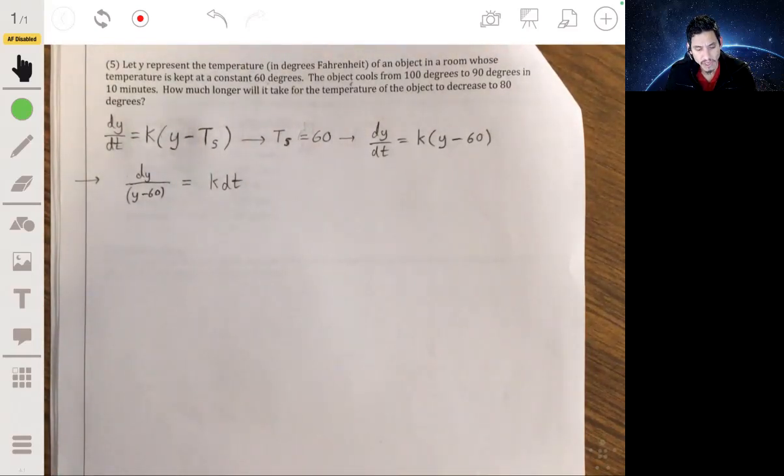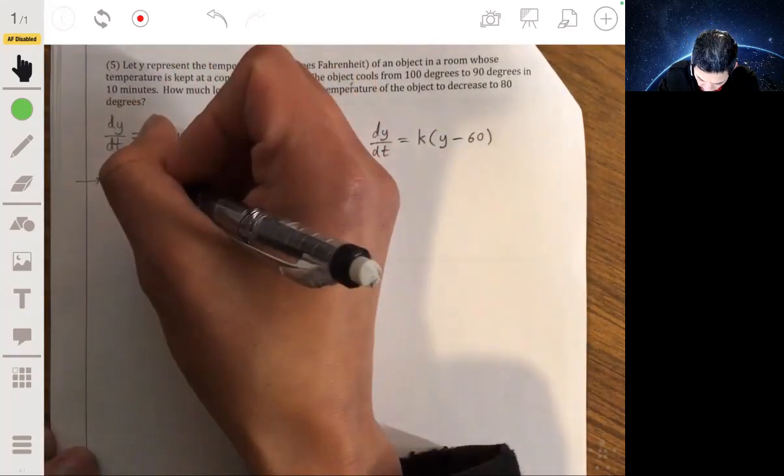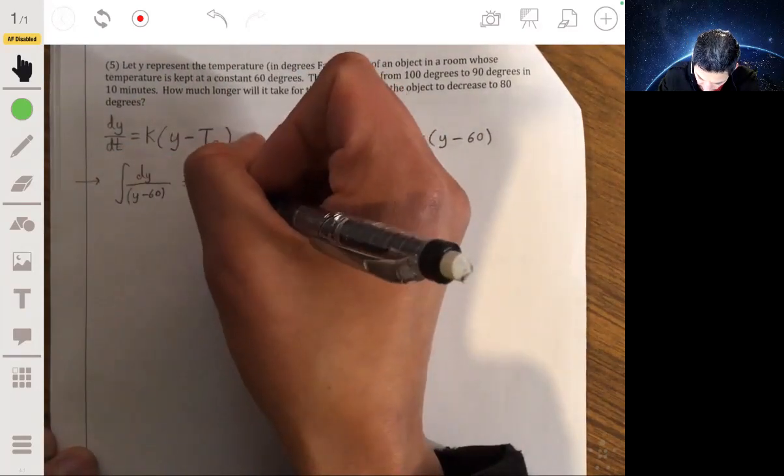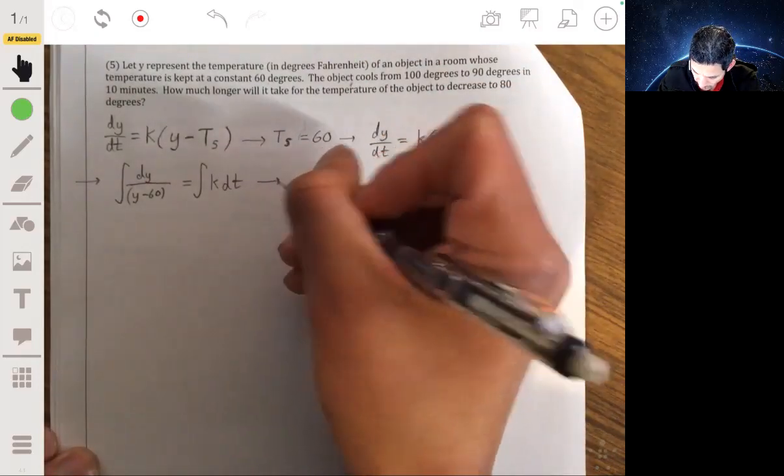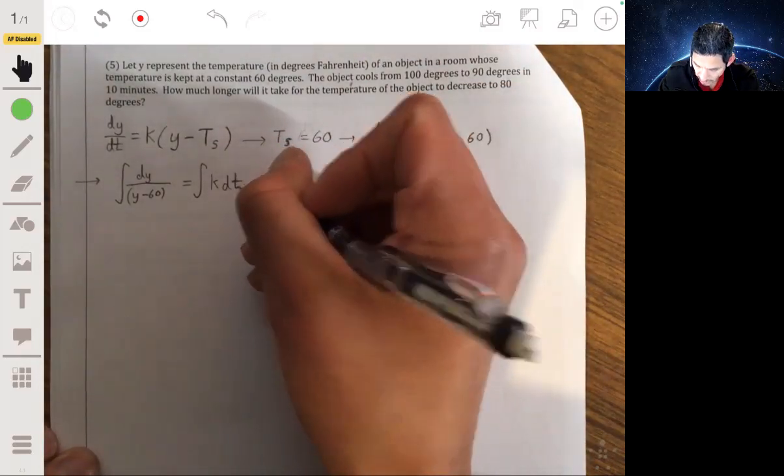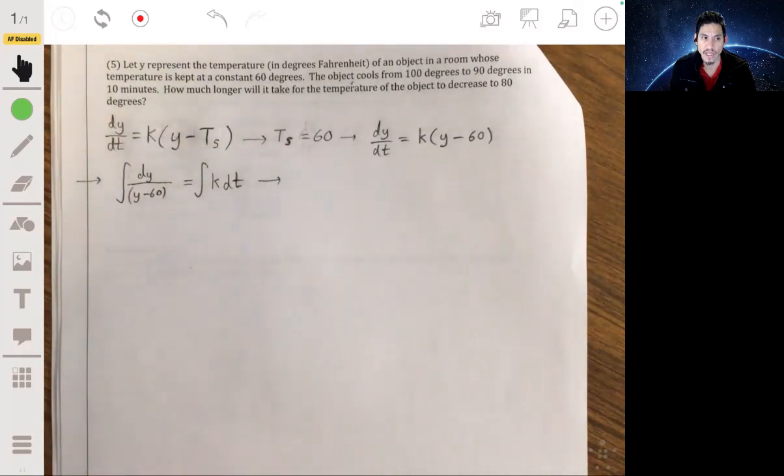And then from here, we're going to integrate. We're going to set up an integral on each side. Integrating is going to allow us to find an equation for y.